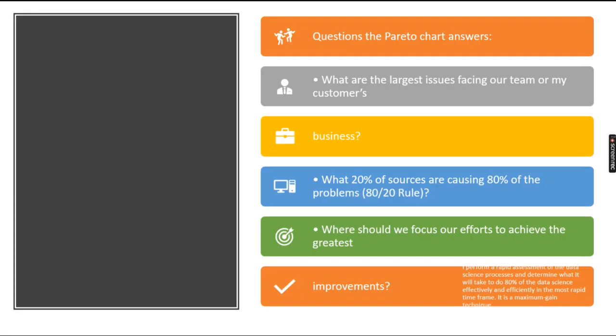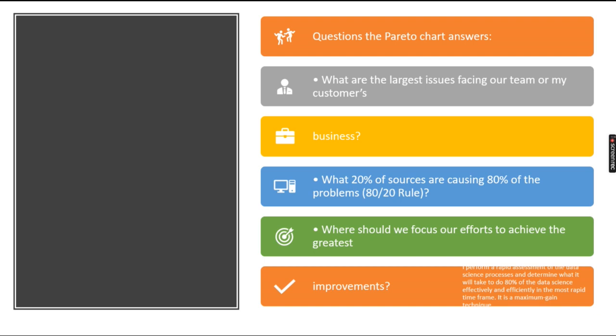Now the 80-20 rule has to be applied. We have to find out the 20% of the sources causing the 80% of the problem, so where we should focus our efforts to achieve the greatest improvement. We should not focus on other problems, because definitely there will be lots of problems, but we have to focus on the major issues.